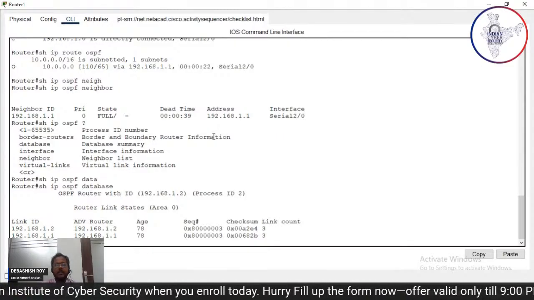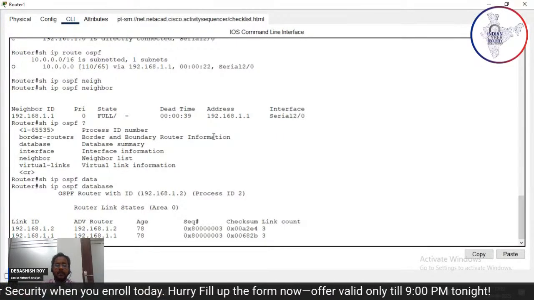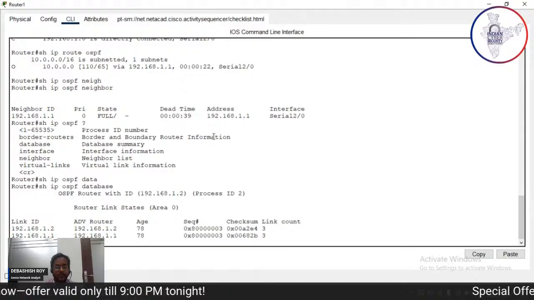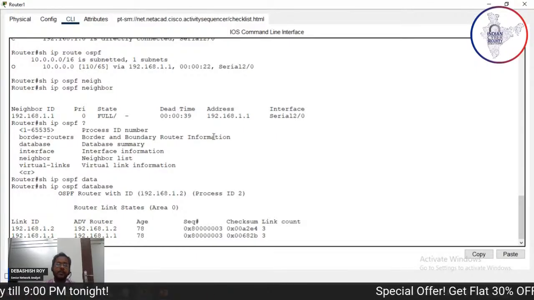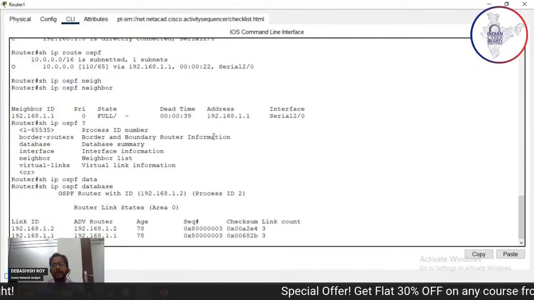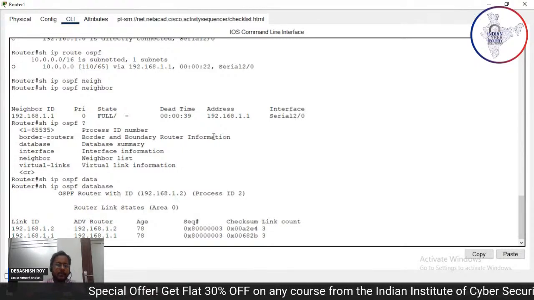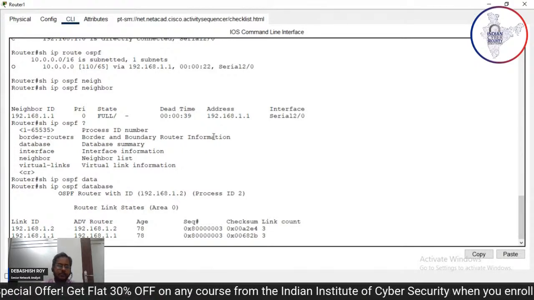To minimize that, you can elect a router as a DR and BDR, like the captain, and the vice captain is the BDR, and it will use the 224.0.0.6 multicast address to communicate with the DR and BDR in case of any LSA update. They will not share the updates directly with the neighbor routers. So that is also a separate concept in advanced OSPF.